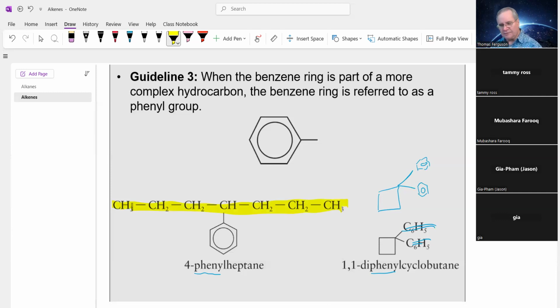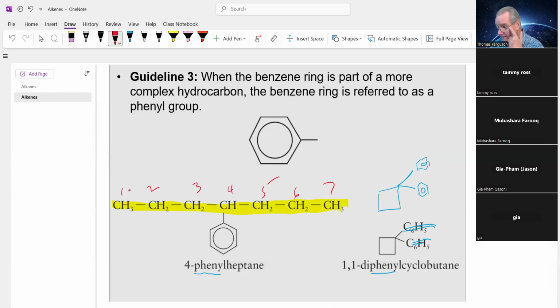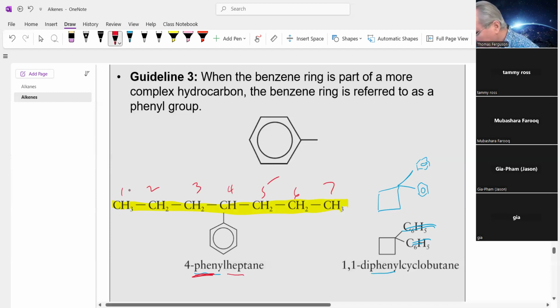So then we're going to go back to what we did on the last chapter on naming in terms of backbone and minimizing the branching number. So it doesn't matter if we go left or right, we still end up with the fourth carbon in the middle. And in this case, it's phenyl. 7 carbons, it's heptane.